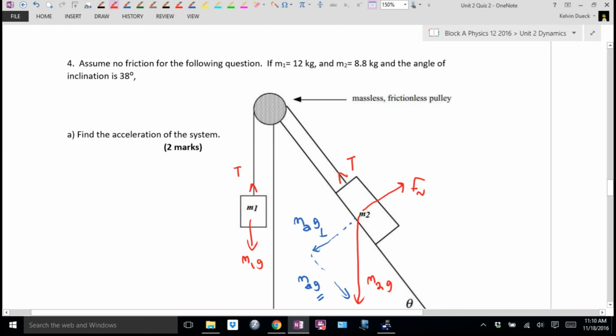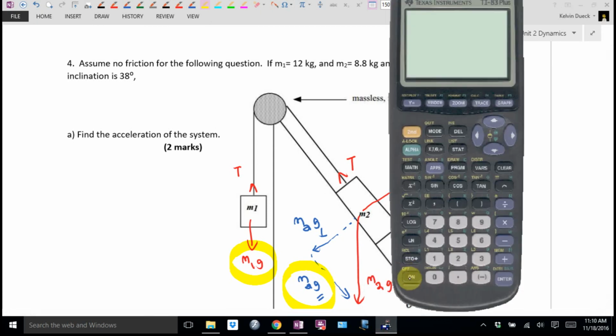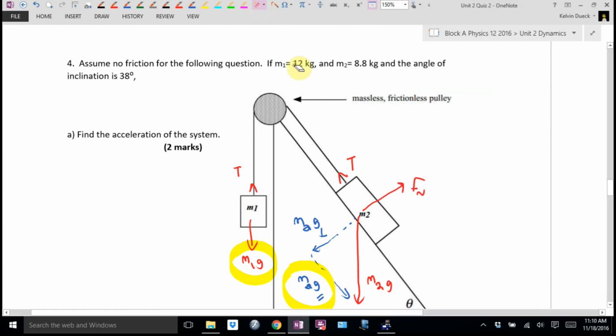Who's winning? Well, the tug of war is between those two. So really quickly, I'm going to go M1, 12 times 9.8. Oh, wait a minute. Is this mass heavier than this mass? And this is the one that's dangling completely in free fall? This one's going to be winning.